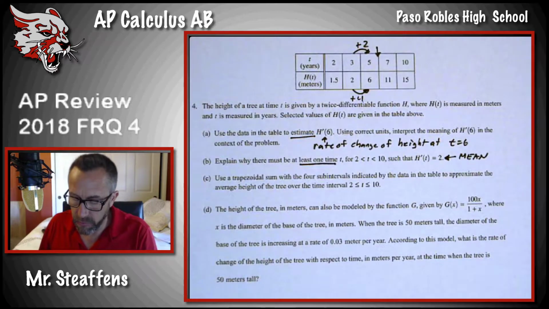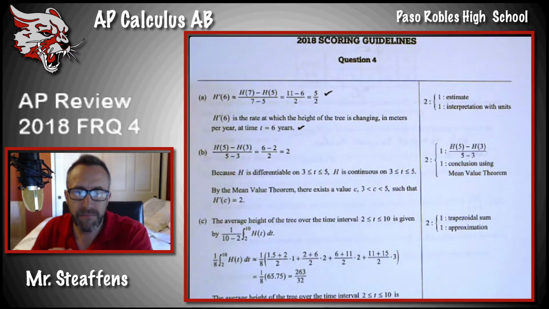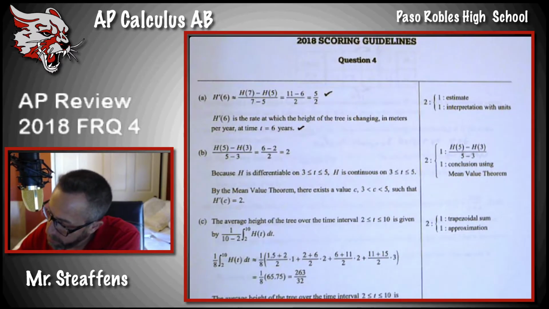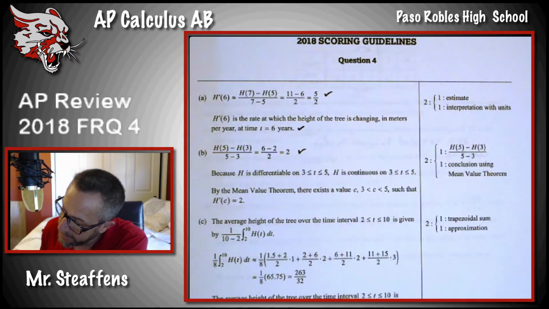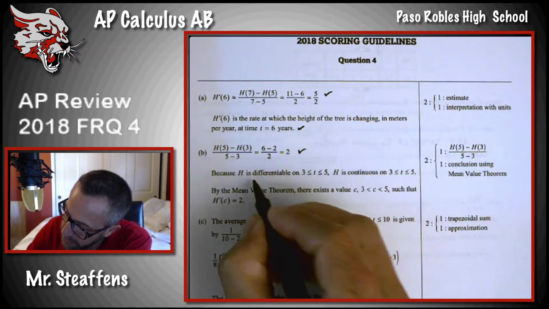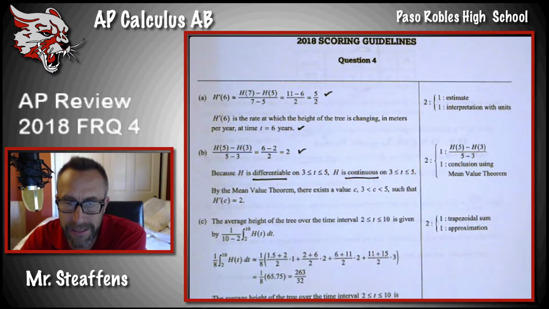So let's see how they wrote it. So here it is. It says part B. There it is, from 5 to 3, that's the average slope of 2, so you get a point for that. Because h is differentiable, there it is, and it is continuous. So because it's differentiable, it is continuous. I got to state that.